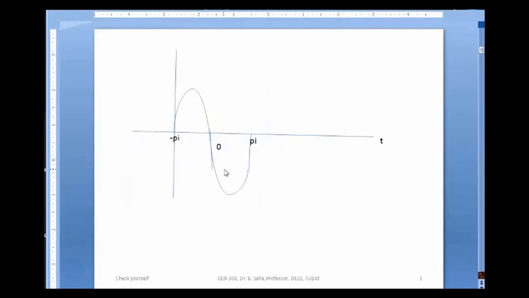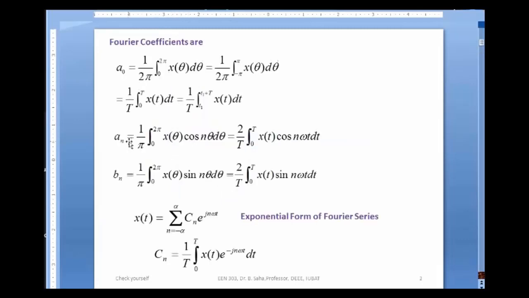So in case of symmetry, if you take an average, it is going to be 0. Because here is positive, here is negative. Above the reference line is positive, below the reference line is negative, but they are identical. So when identical, the positive and negative become 0. That's why for averaging, An becomes a half cycle calculation. 1 over pi, but the limit is the same, 0 to twice pi.